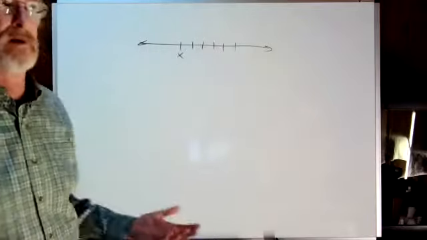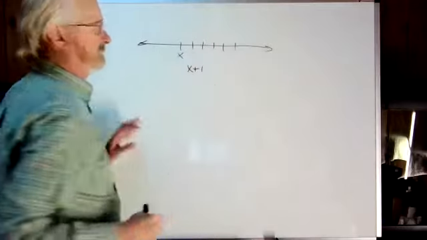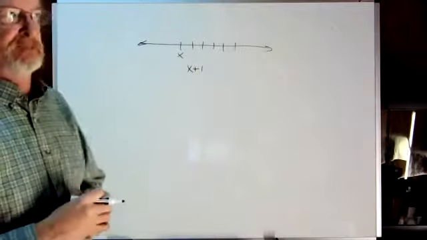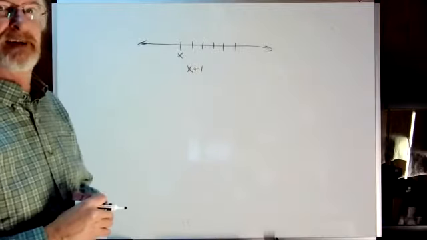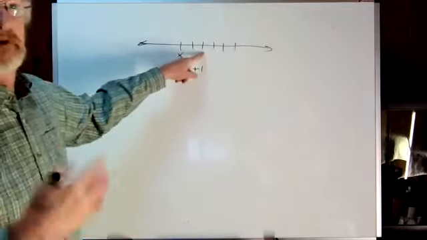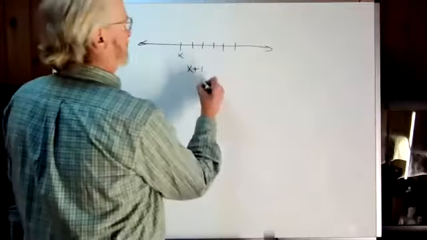Well, it's just one more. So the next one is x plus 1. The trick in this kind of problem is describing consecutive integers. If I want the next one, I still use the same variable. Well, it's 2 more than that one, so the next one is x plus 2.